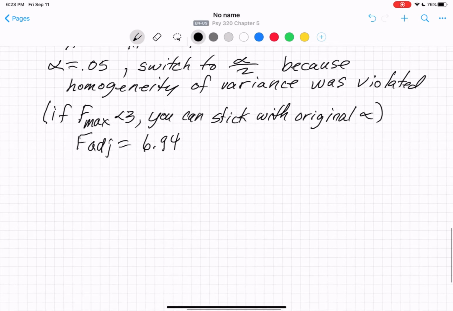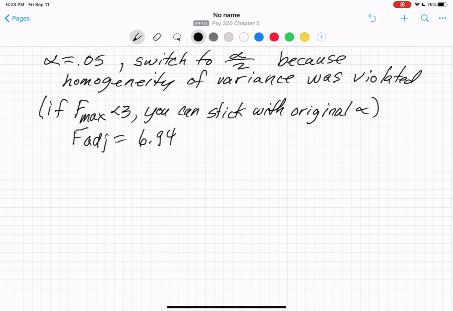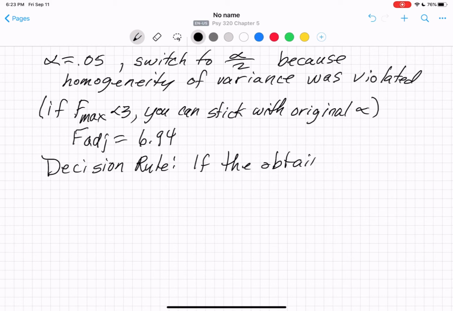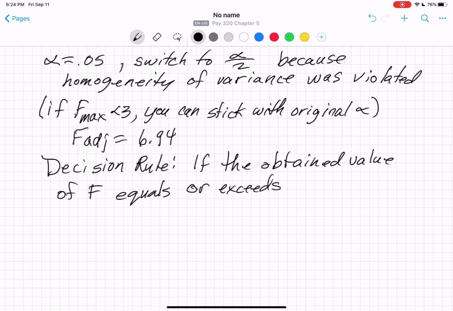All right. So now our decision rule is: if the obtained value of F equals or exceeds our F adjusted, which equals 6.94, we're going to reject the null hypothesis.